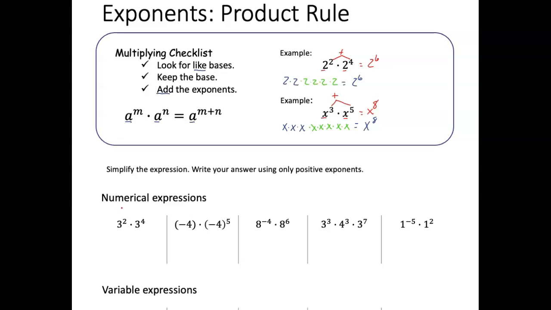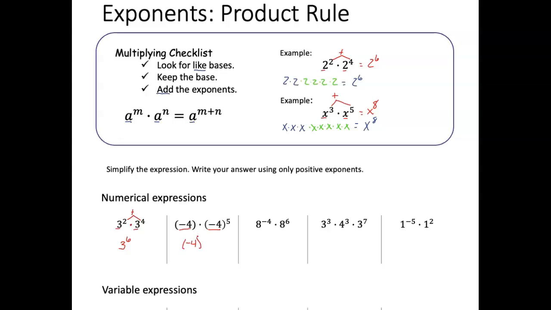So let's take a look here at some more numerical expressions. Remember, we're going to keep the base when we're multiplying, and there's that multiplication symbol. Keep that common base of 3, and then we're just going to add the exponent. So 2 plus 4 is 6. I'm going to look here. I have -4 times -4 to the fifth. Common base in multiplication, -4.